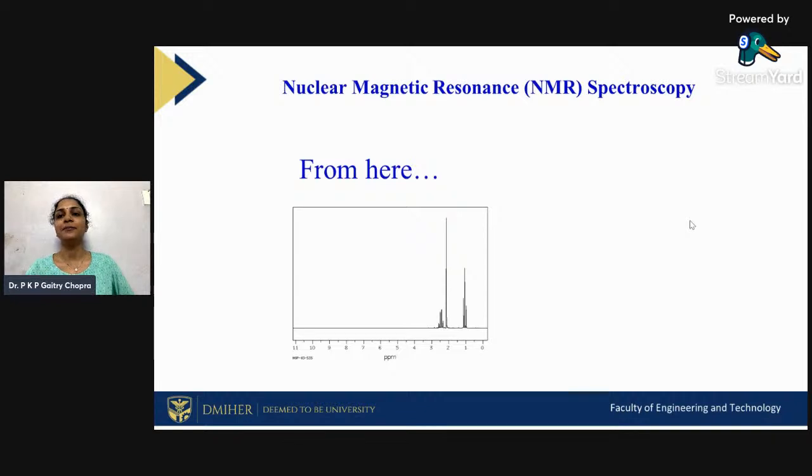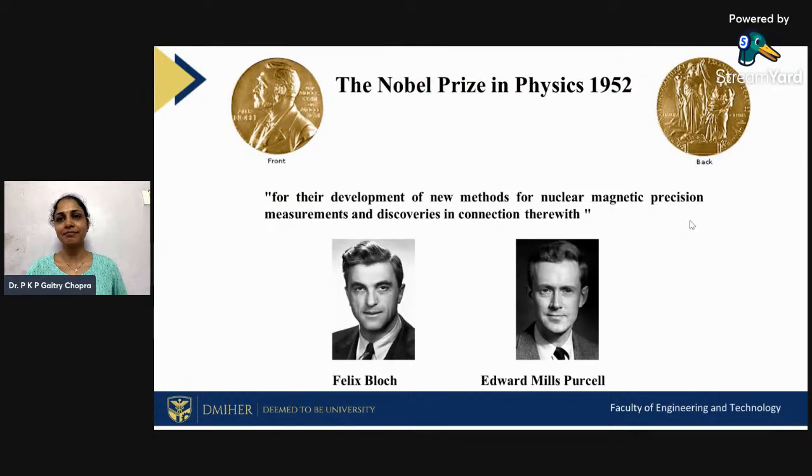So this is nuclear magnetic spectroscopy. We go from the spectra shown here, next, to here. That means, ma'am, next slide, how we can deduce the structure of the molecule from those spectra which were shown. So in NMR, we'll be studying from here to here. That means from these spectra, how can you deduce the structure of a molecule? Next.